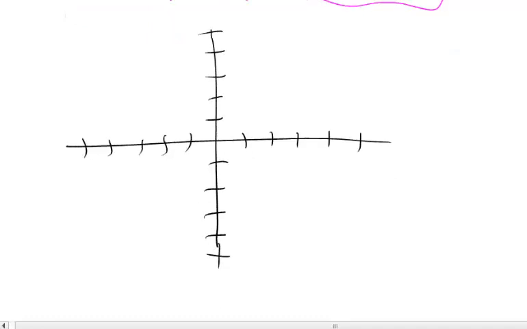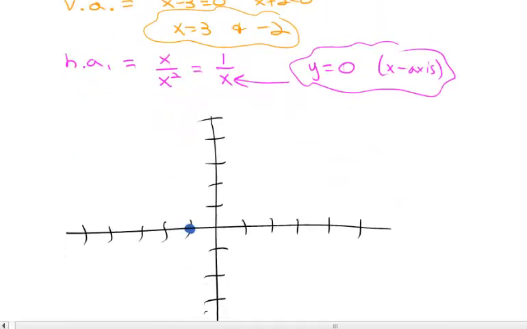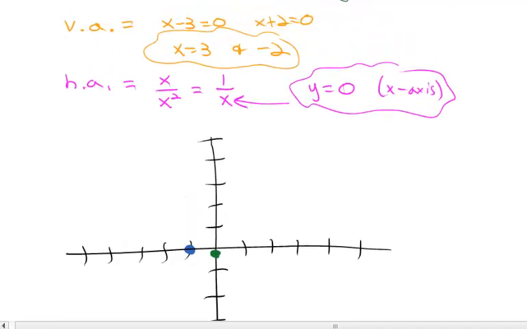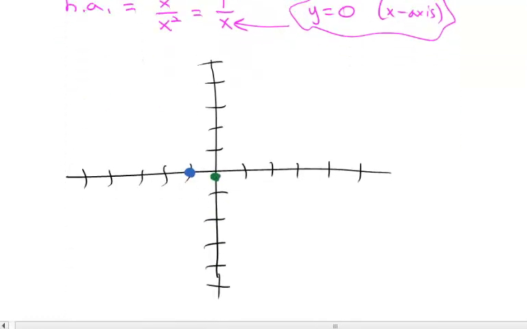First, start with the x-intercept at -1. Now we've got the y-intercept at y equals -1/6, so that's just barely below. Vertical asymptotes are at 3 and -2. So here's -2.